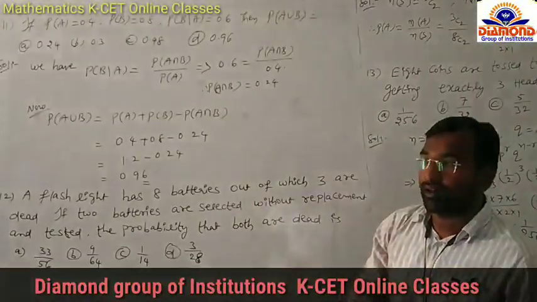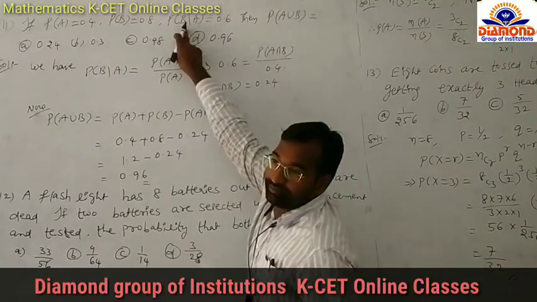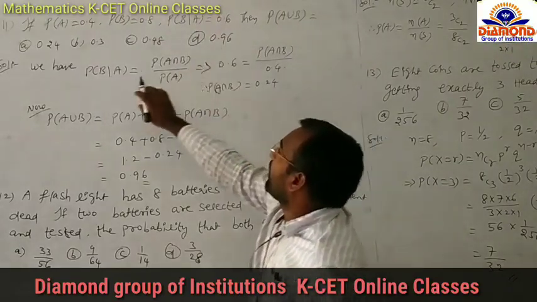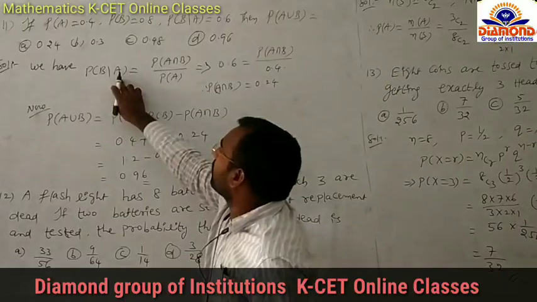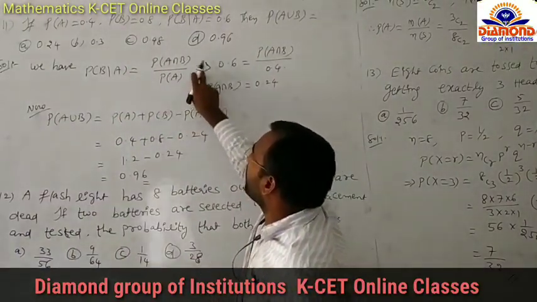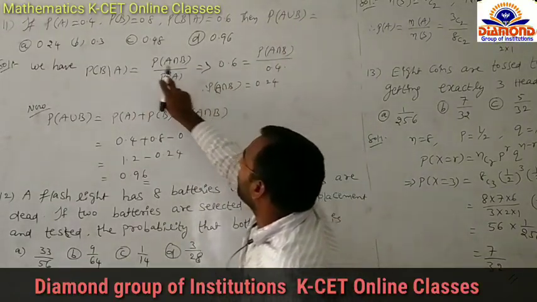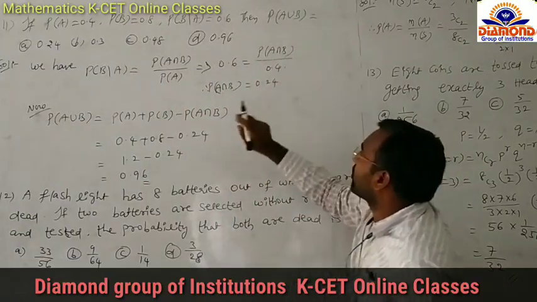For finding P of A intersection B, first use P of B given A. We have the formula P of B given A equals P of A intersection B by P of A. Substituting, P of B given A 0.6 equals P of A intersection B by P of A, which is 0.4.